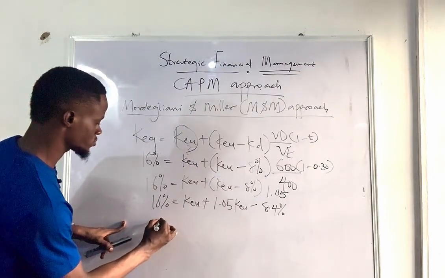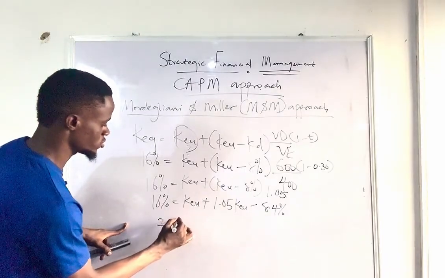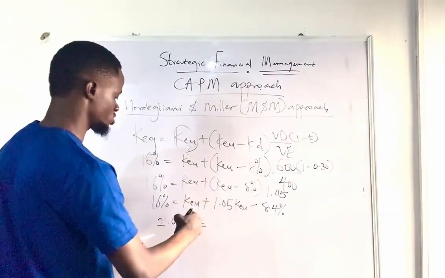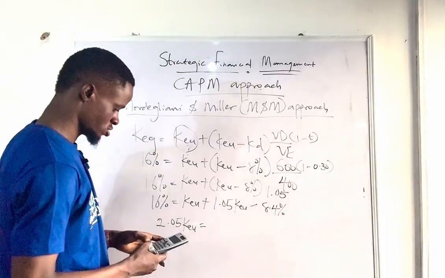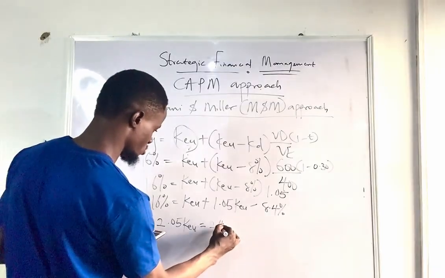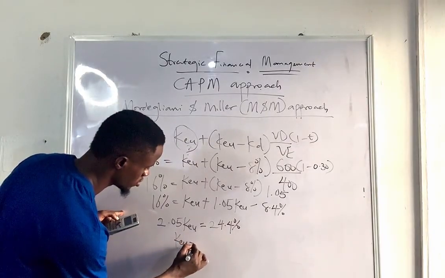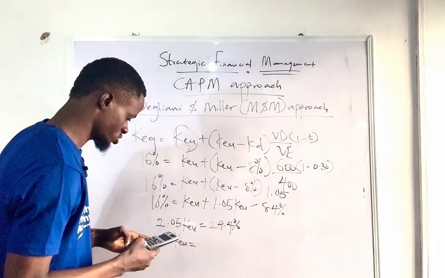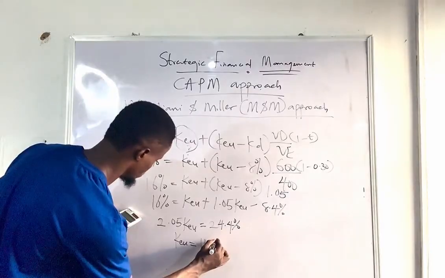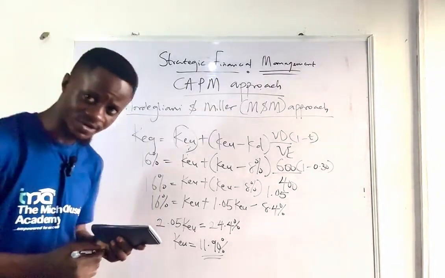It's going to be 2.05Q is equal to, when this comes here, 16 plus 8.4, which is 24.4%. So Q is equal to this divided by 2.05, equal to 11.90%. That's the answer. Can you see it's very simple?